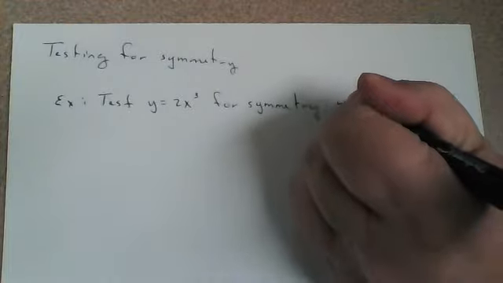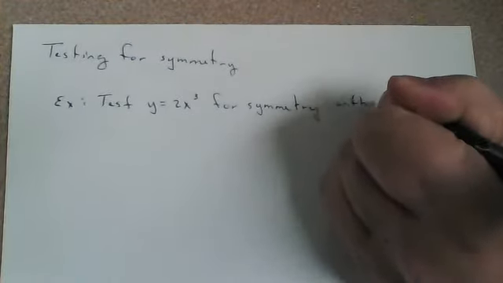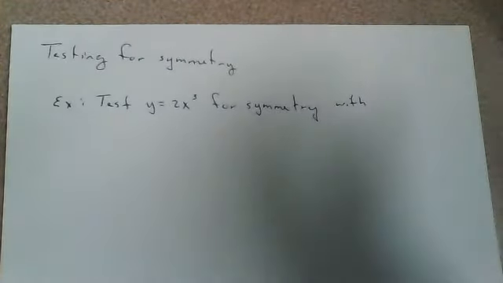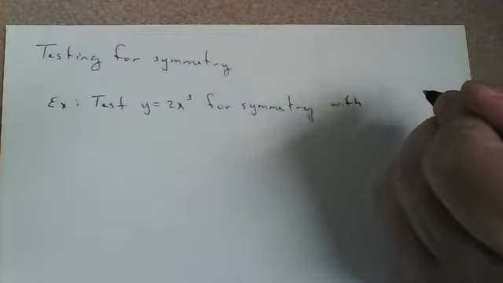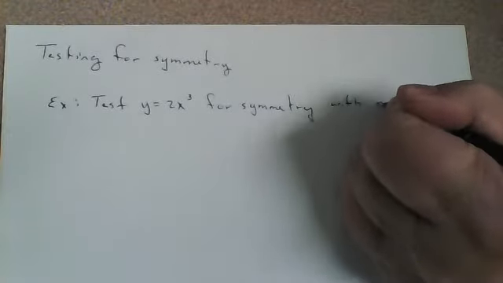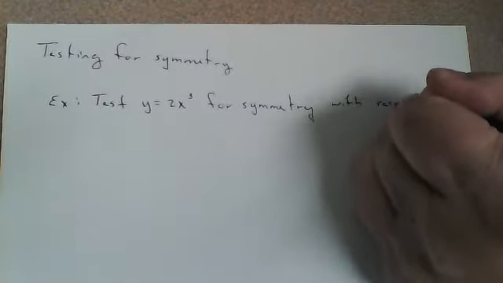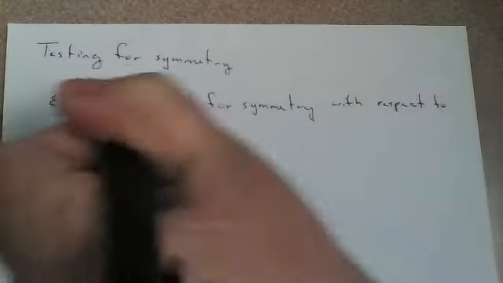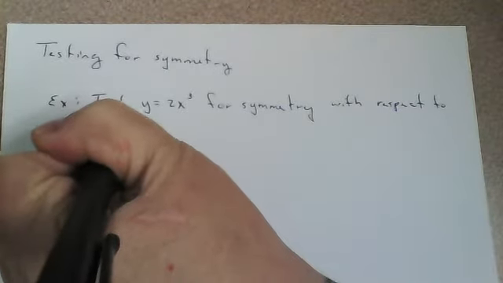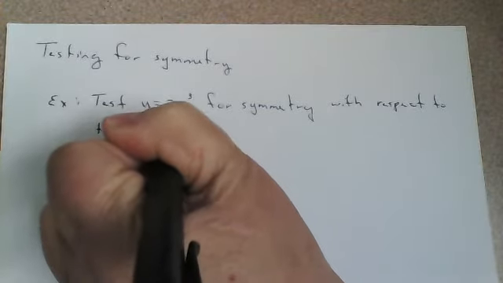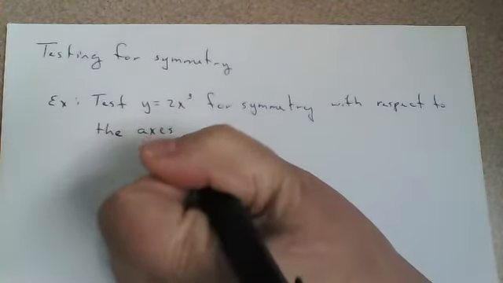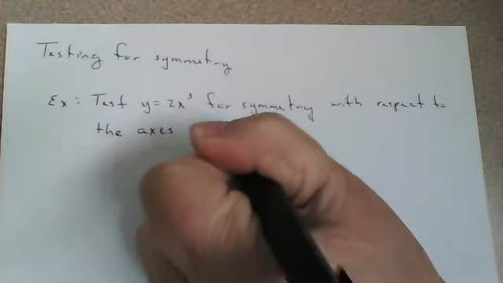We're going to go with respect to the axes. So that means test for symmetry about the y-axis and test for symmetry about the x-axis, right? The axes are just the x and y axis. Axes is plural. And the origin, right?